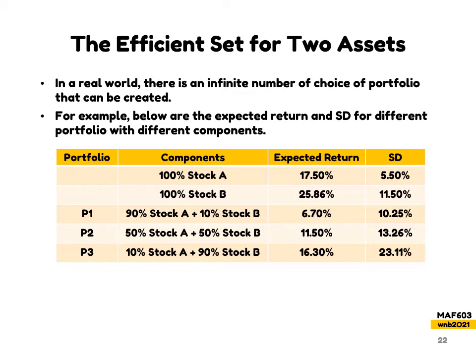In the real world, there is an infinite number of portfolio choices that can be created. You can choose to combine 50% in stock A with another 50% in stock B, or a combination of 70% of stock A plus 30% of stock B, or you can choose to invest 10% in 10 different stocks.